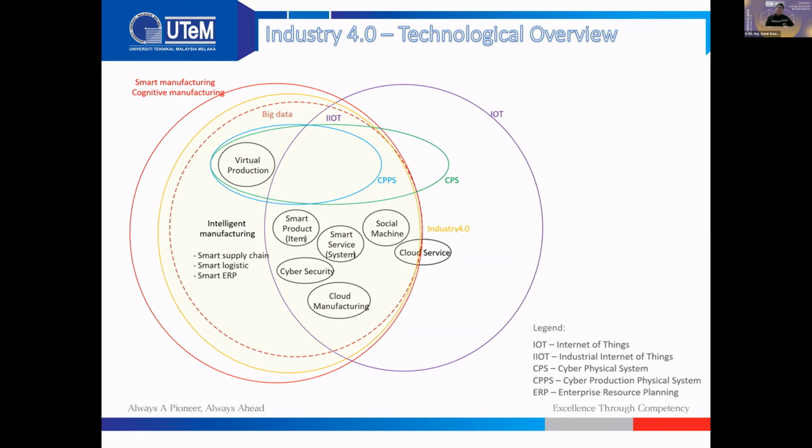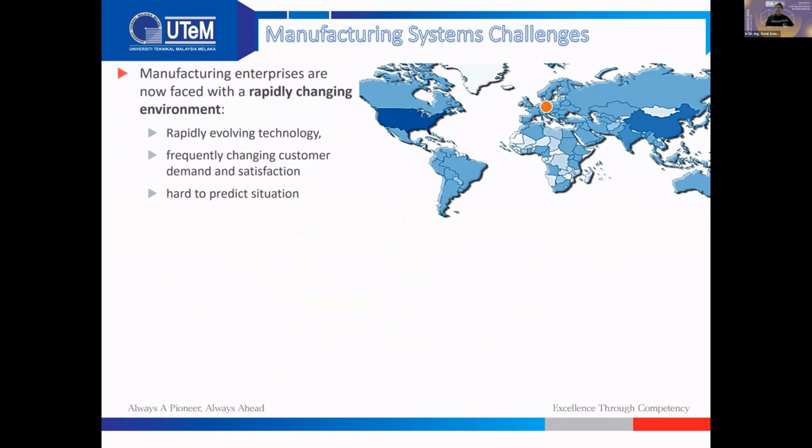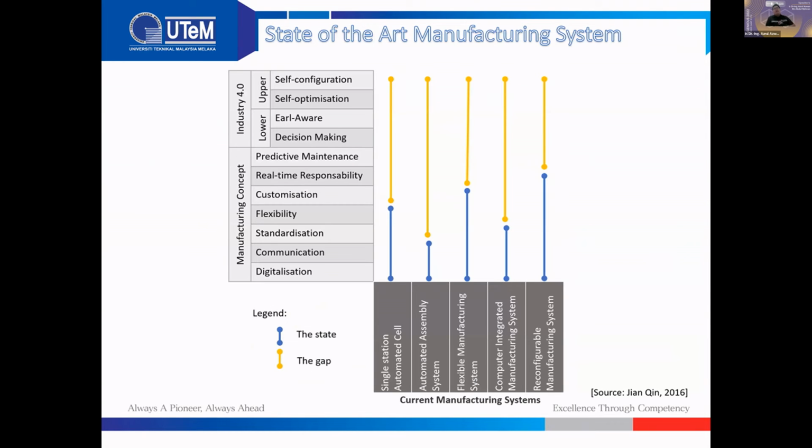So I'll move a little bit fast on these two elements, which is the configurable manufacturing system. I'm not going to explain this slide in detail because it shows the importance of reconfigurability in the manufacturing industry. What is interesting in this research is the current state of our manufacturing systems: the single station automated cell, automated assembly system, flexible manufacturing system, computer integrated manufacturing system, and also reconfigurable manufacturing system.